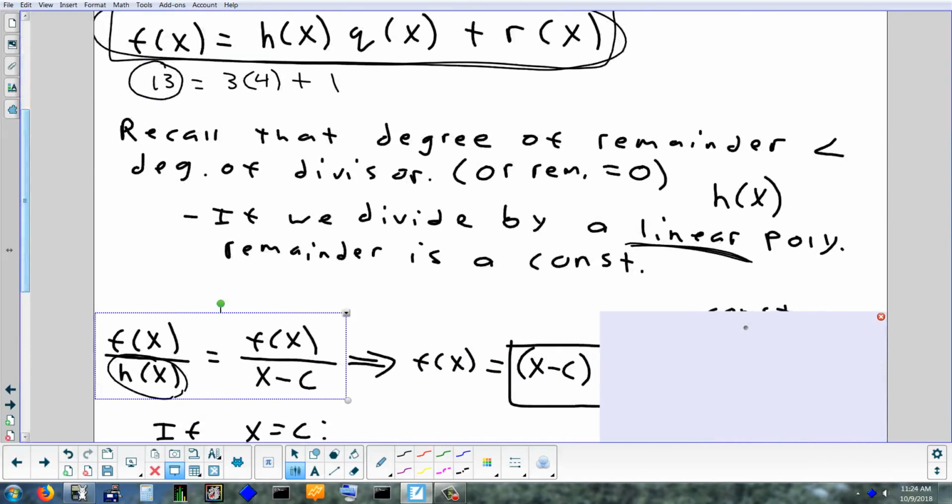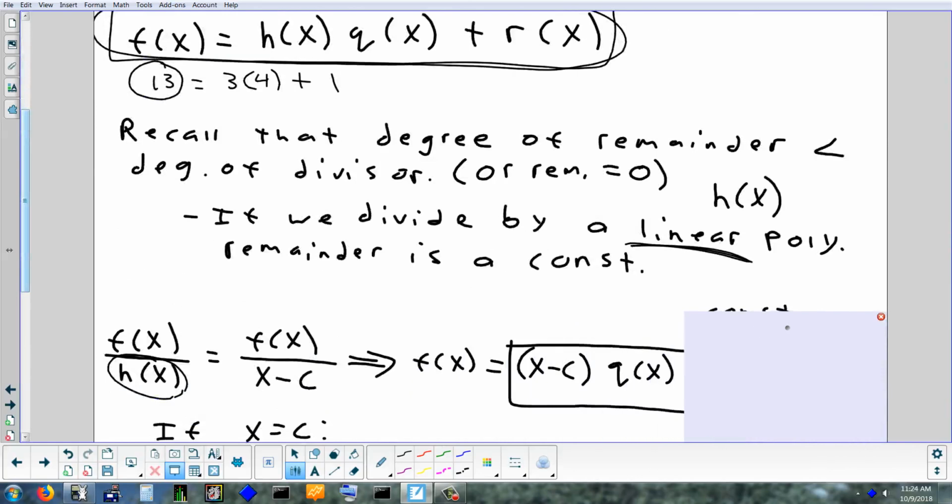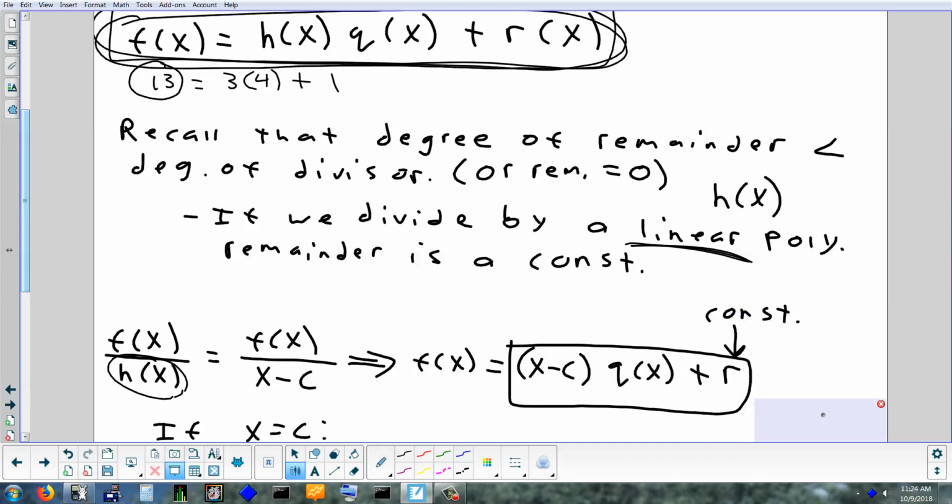So there's your denominator, times your quotient. Well, we don't know what the quotient would be, so just call it the quotient. Plus, you would get a remainder. Now, the key here is the remainder is a constant. It would just be a number. So what I'm really showing you right here is this formula again, but I'm doing it for the specific case where you divide by something linear. So that means your remainder is a constant.